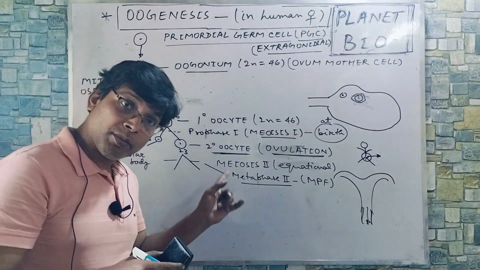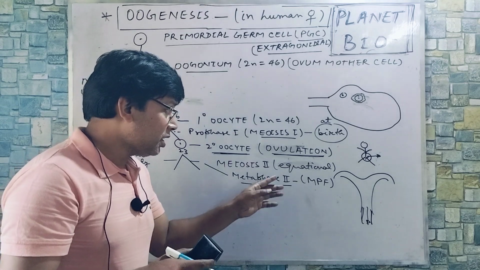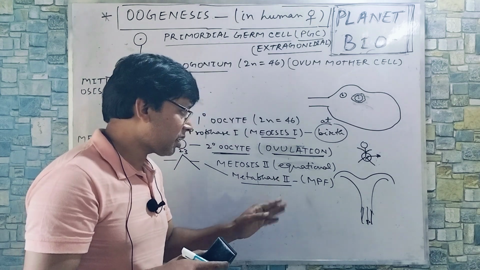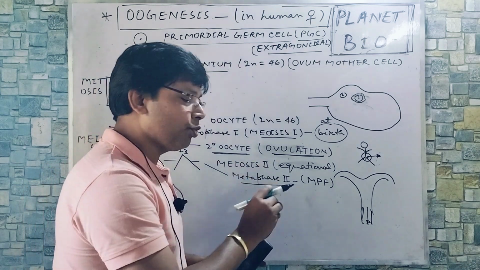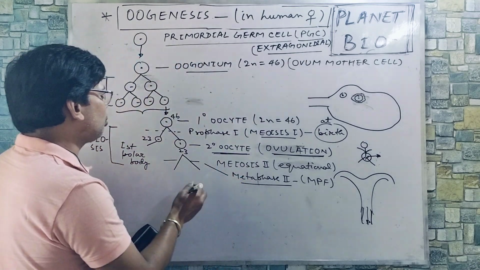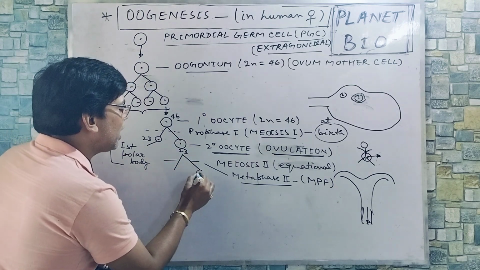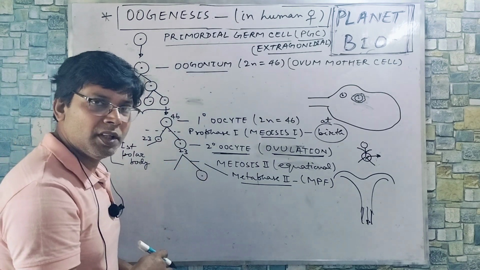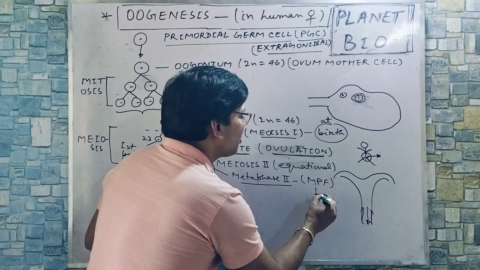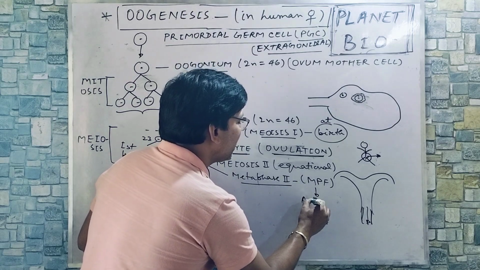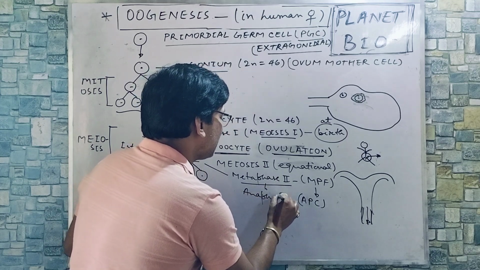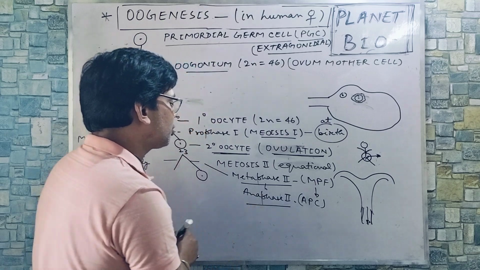Now as the sperm comes, this MPF factor, which had arrested the cell at metaphase, is removed by the sperm and it is allowed to complete another division. The anaphase promoting complex will start, removing the block at metaphase 2 and starting from anaphase 2. And the sperm helps to complete meiosis 2.